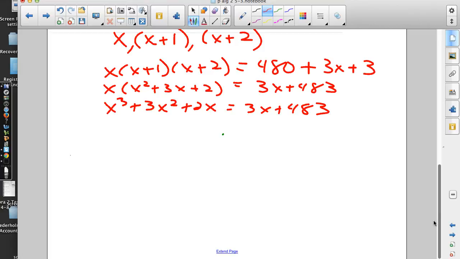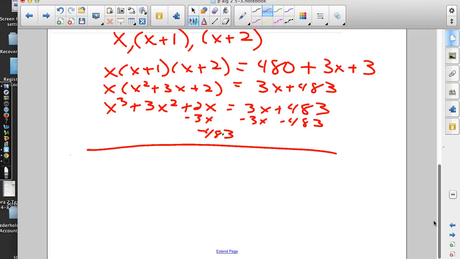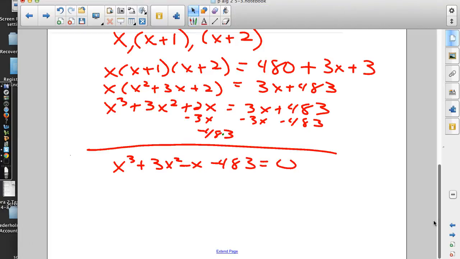So we're going to have to subtract 3x and 483 from both sides. And x to the third plus 3x squared minus x minus 483 equals 0. You think there's a chance that's factorable by grouping? It's that rotten 483 in the back. You know, those big numbers in the back. The rest of it, yeah, it all looks nice. Ugh, negative 483, where did that come from?